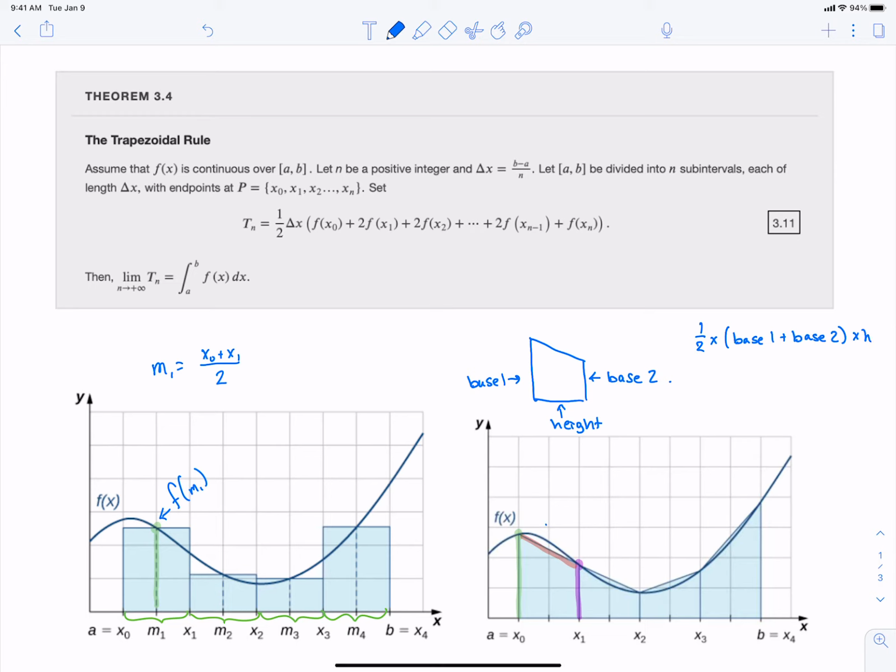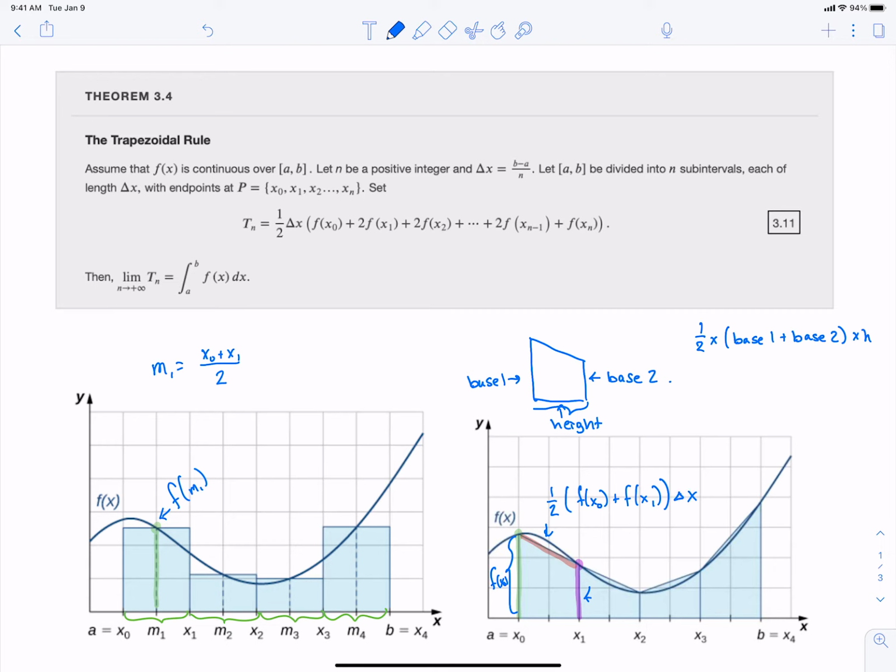So in terms of this trapezoid right here, we've got 1/2 times the base 1, which is the height, f of x sub 0, and then f of x sub 1, our other height over here, and then our height is that delta x.